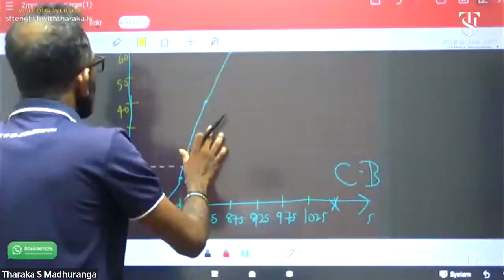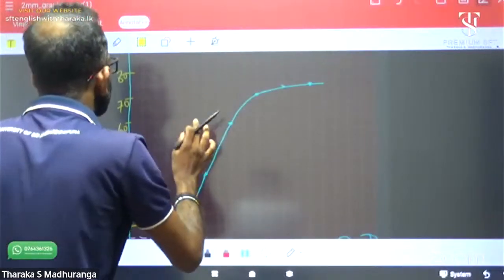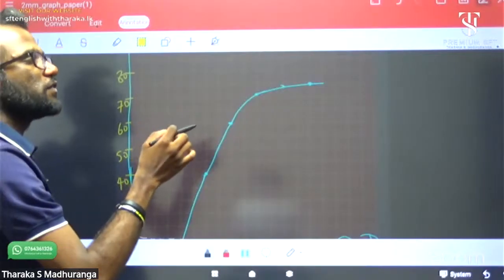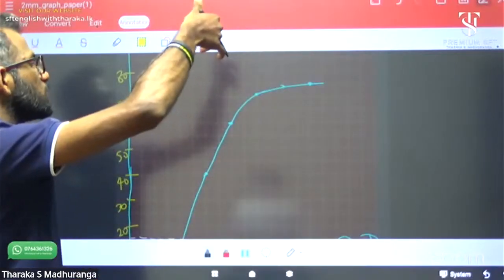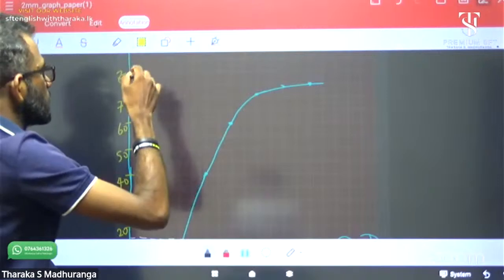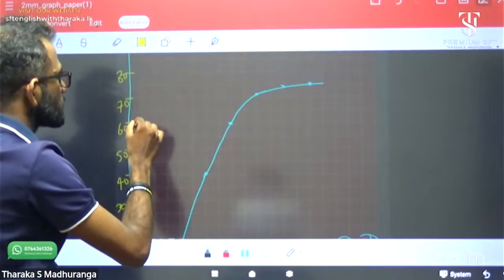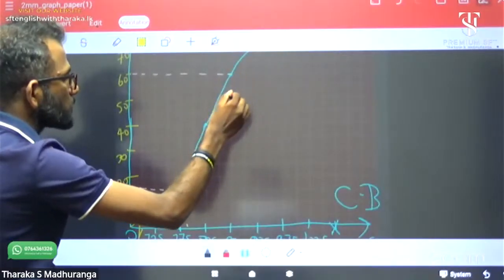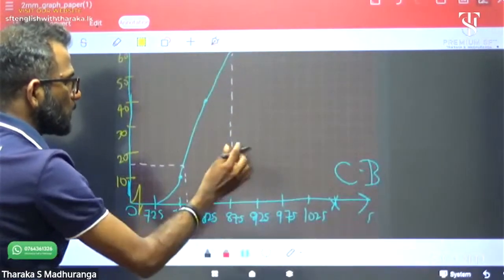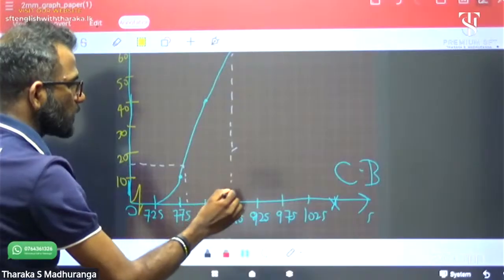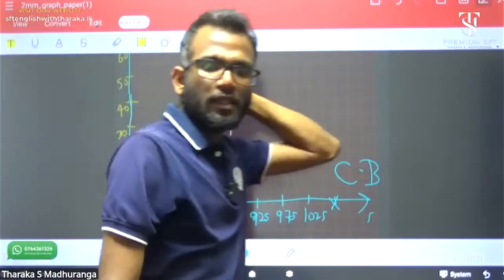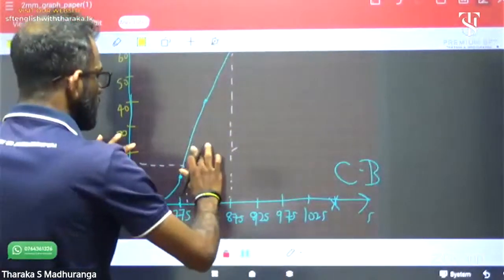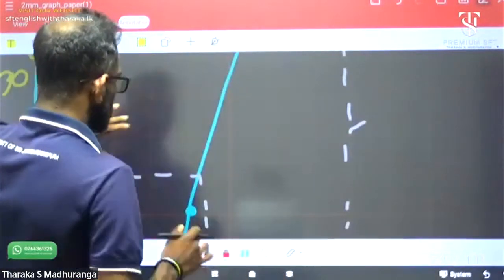And you can get maximum. 75 minus 15, what happens? It is 60. Take from 60. Draw another line. Okay, they are the answers. Okay, this is the least weight.